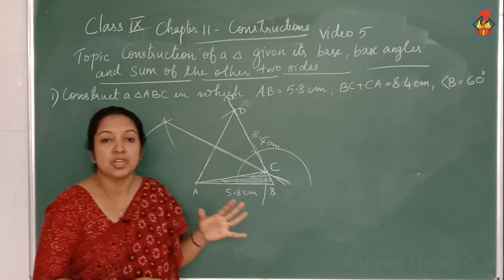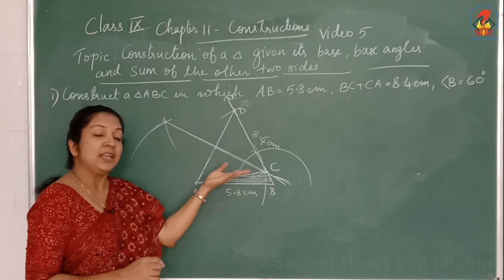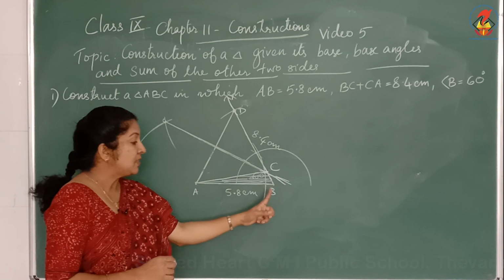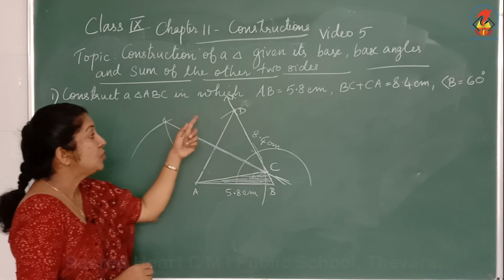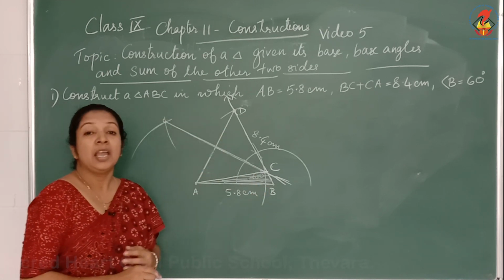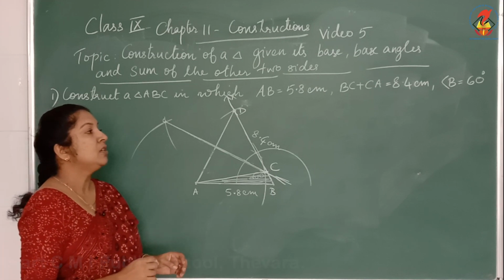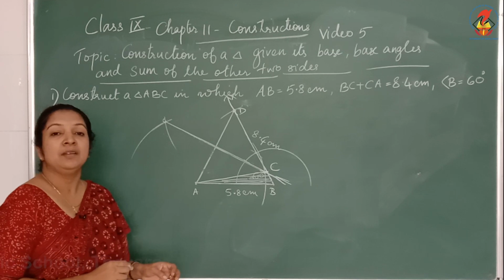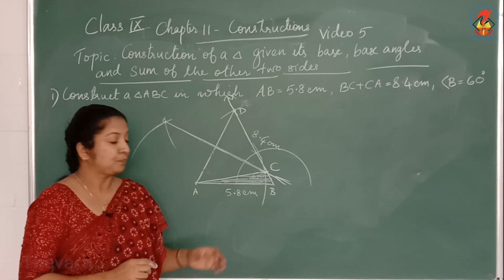So steps of construction also we need. You make it another triangle which is bigger than this. So the question is to construct a triangle in which AB is equal to 5.8 centimeter, BC plus CA is equal to 8.4 centimeter, and angle B is equal to 60 degree.